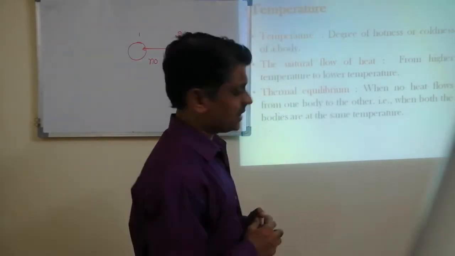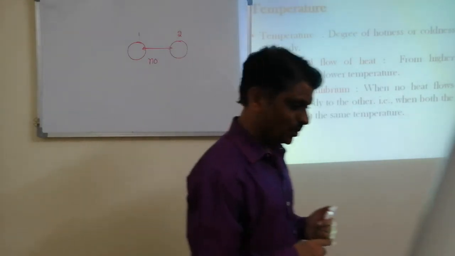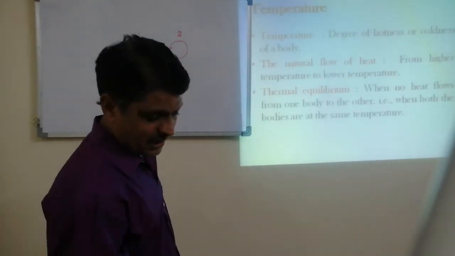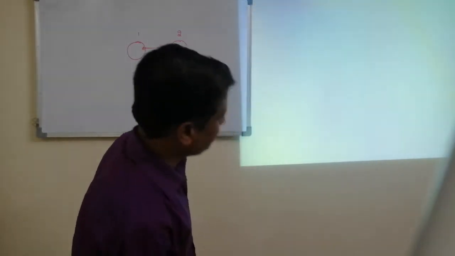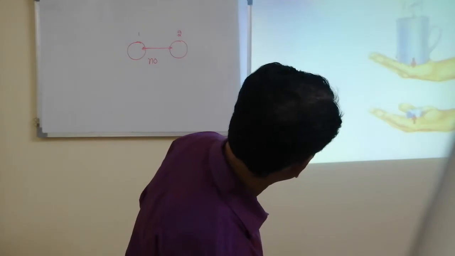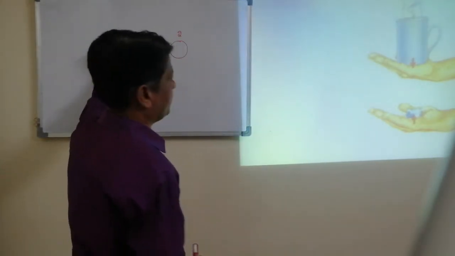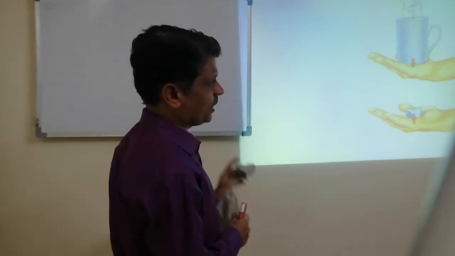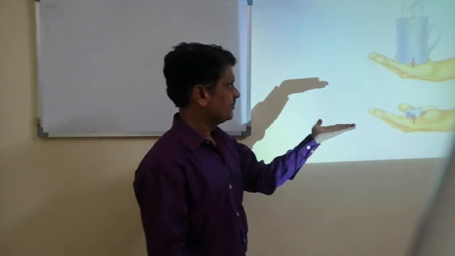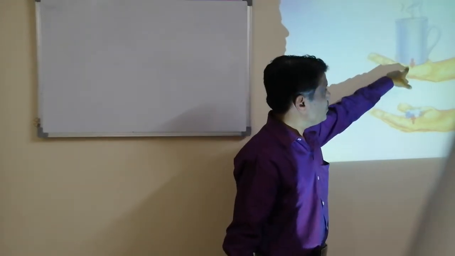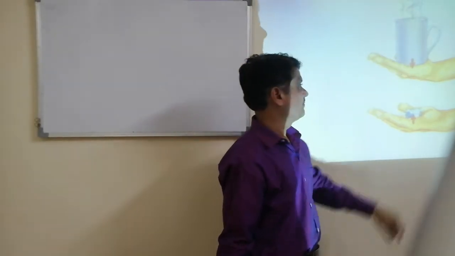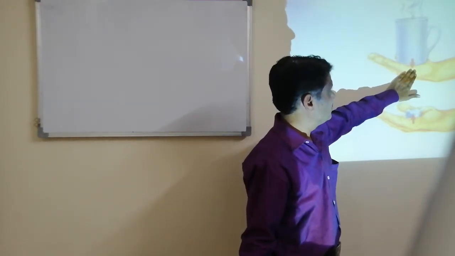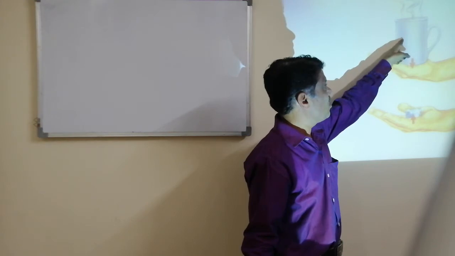Next, one question arises: how do we know which body is at a higher temperature and which is at a lower temperature? For that we have a simple experiment. Whenever we touch a body, if we receive heat energy from that body, then we can say that, as compared to our hand, this body is hot.